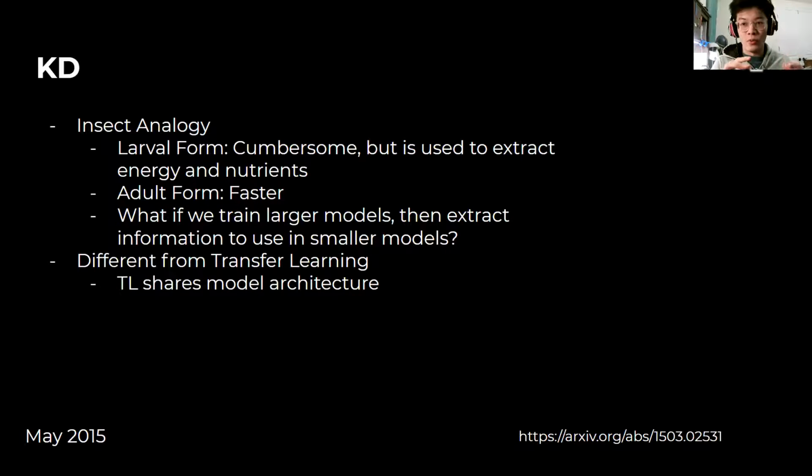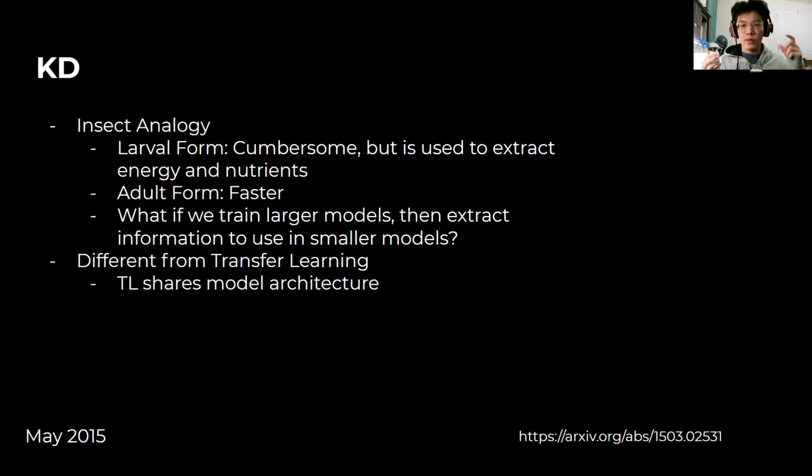As a larva, it's cumbersome and doesn't do a lot, but at that stage the insect uses the larval form to extract a lot of energy and nutrients to build up its adult form, which is way faster and still has similar efficiency in terms of energy or nutrient harvesting.